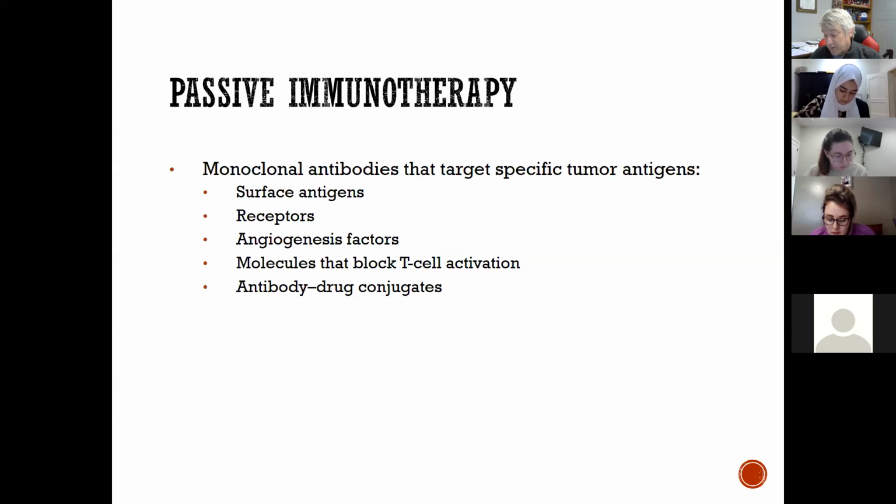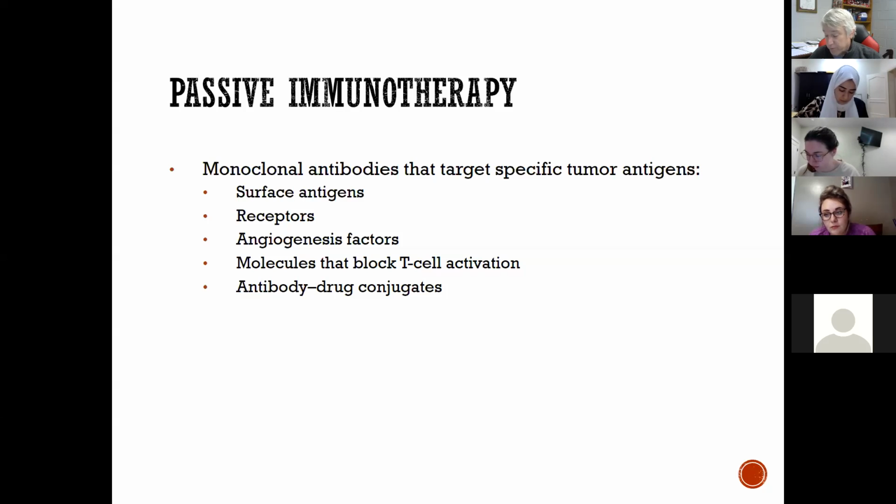Okay, so taking away some of the communication between the T cells. And you remember we have a Treg. Don't forget about T regulatory cells that down regulate T cell activation and T cell response.